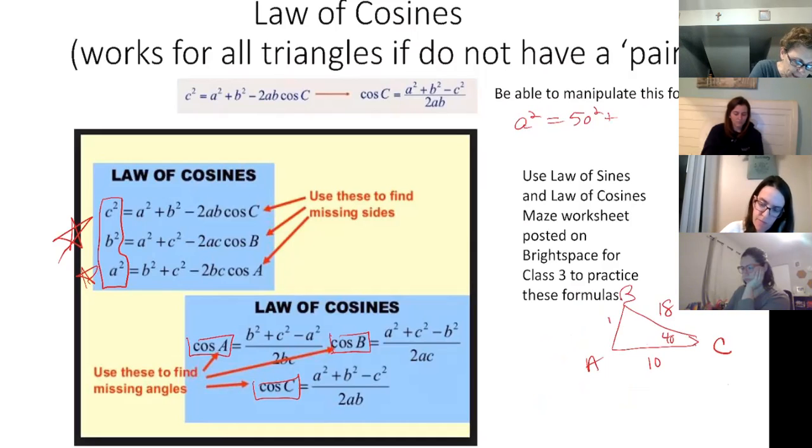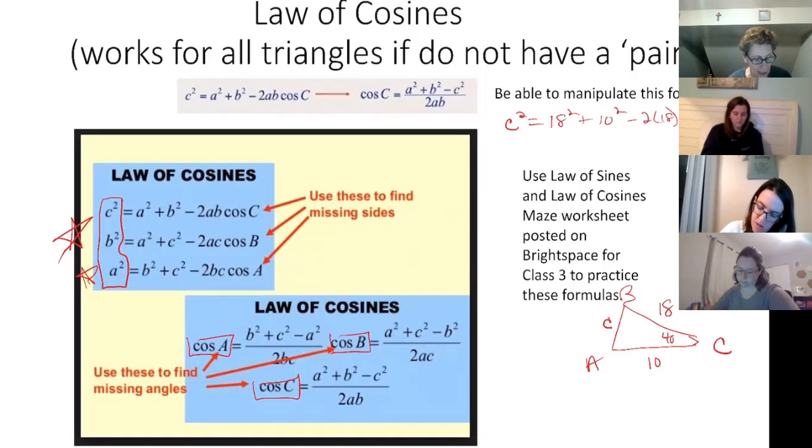So I want to find little side C. So I'm going to write that up here. So little side C is going to equal A squared, which is 18 squared, plus B squared, which is 10 squared, and then minus 2 times 18 times 10 times the cosine of big C. That's what's going to go in my calculator. And it's usually best to put this in as one step.